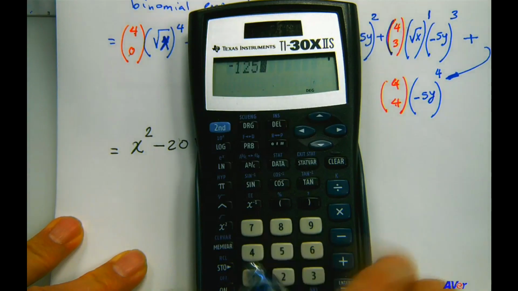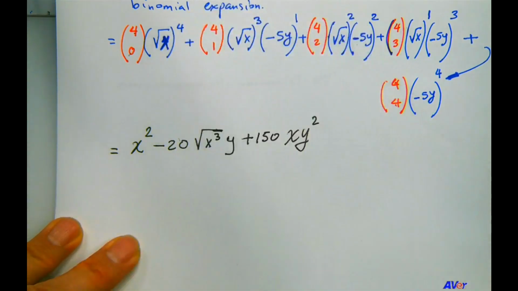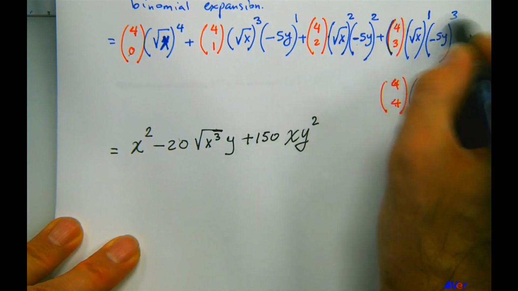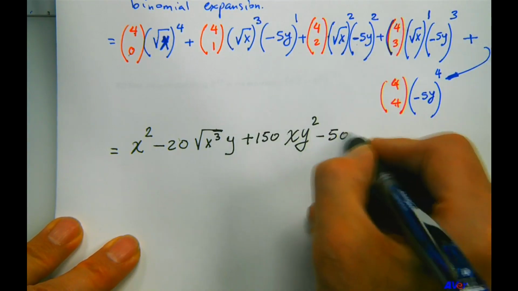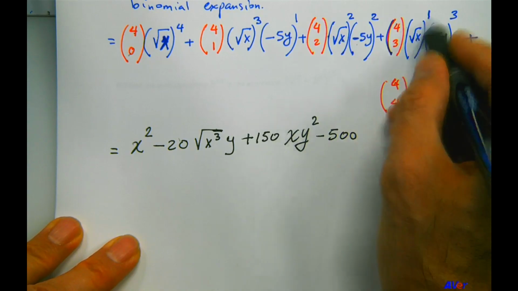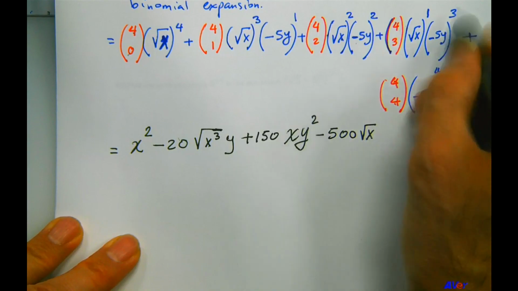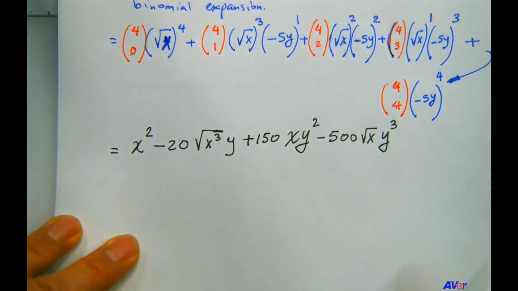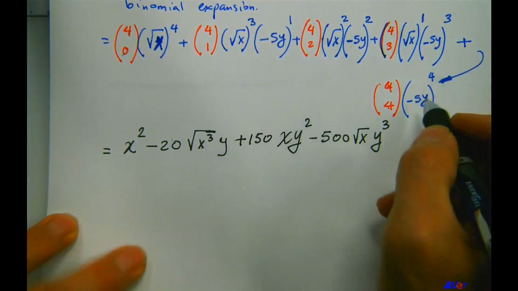Minus 125 times 4, minus 500. So the product of this 4 with minus 125 is minus 500. Square root of x to first power is just square root of x. Y cubed is y cubed. I hope this is making sense.